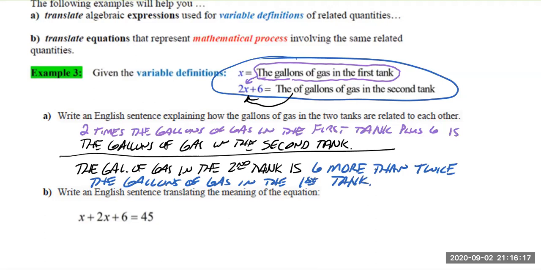Okay, so that's just an example of rewriting and understanding variable definitions. This is actually way more important, interpreting algebraic expressions in terms of English.